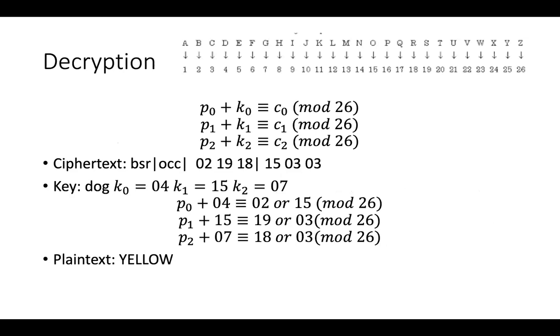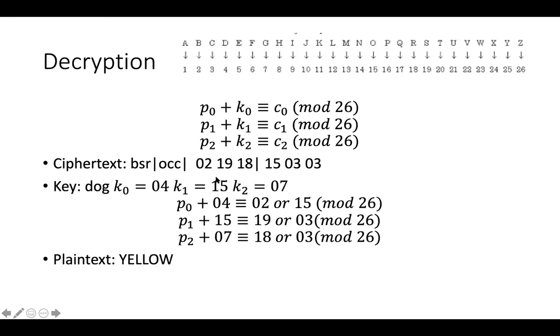Okay. So the ciphertext, if we use numbers to denote their order, would be 2, 19, 18, 15, 3, and 3. The key would be 4, 15, and 7, because D is the 4th letter and O is the 15th letter, and so on.